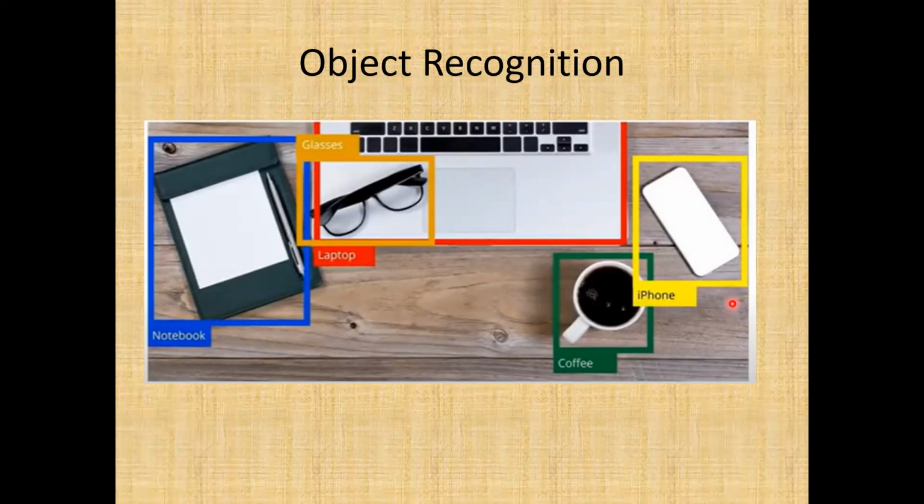For example, if this is the input image, then after object recognition, it is going to identify all the objects present in the image: an iPhone, coffee, laptop, glasses, notebook. These objects are identified and also labeled. This is an example of object recognition.